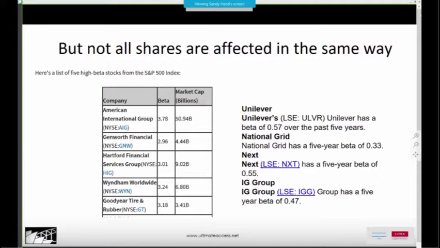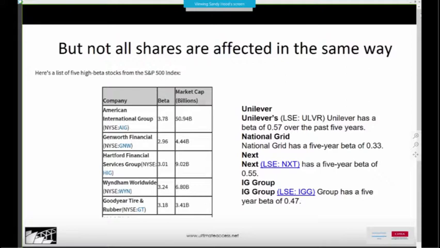I don't know how many of these you've heard of, but you might have heard of the Goodyear tyre. Goodyears are effectively a rubber tyre manufacturer, and they are a company where their volatility is 3.18 times that of the US market as a whole.